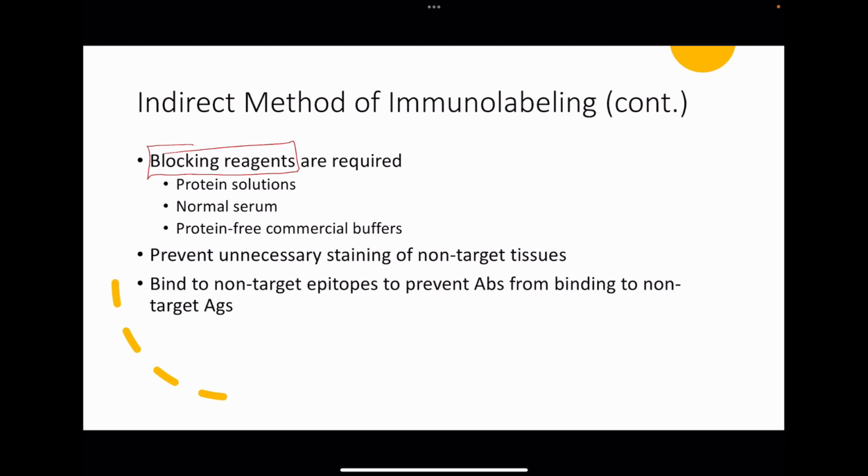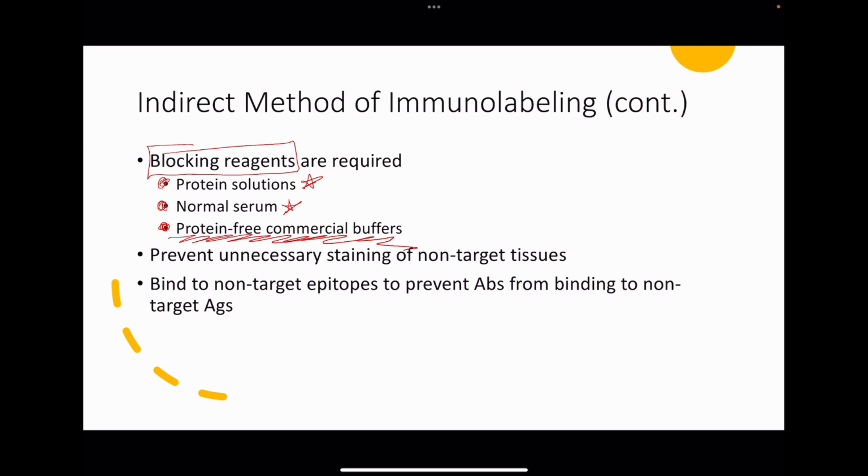We have the protein solutions, we have normal serum, and then we have protein-free commercial buffers. Now, if you're looking for something that lasts a little bit longer, I would suggest the protein-free commercial buffers. Normal serum is a biological agent here, and then the protein solutions, this could be some sort of bovine solution or something of that sort.